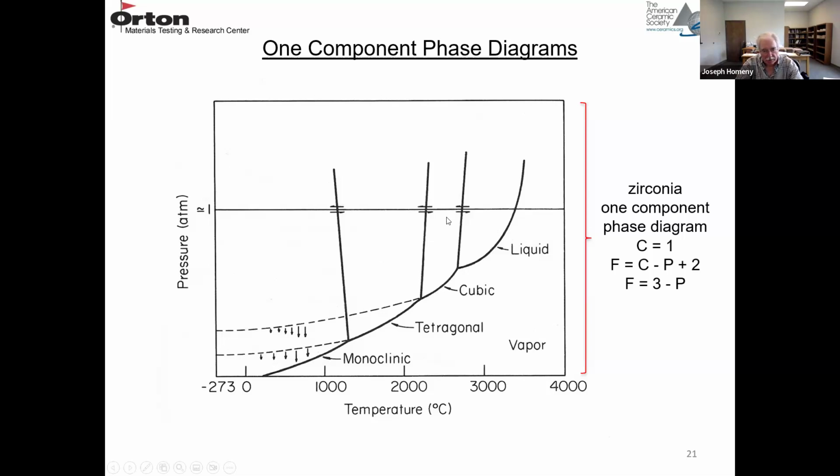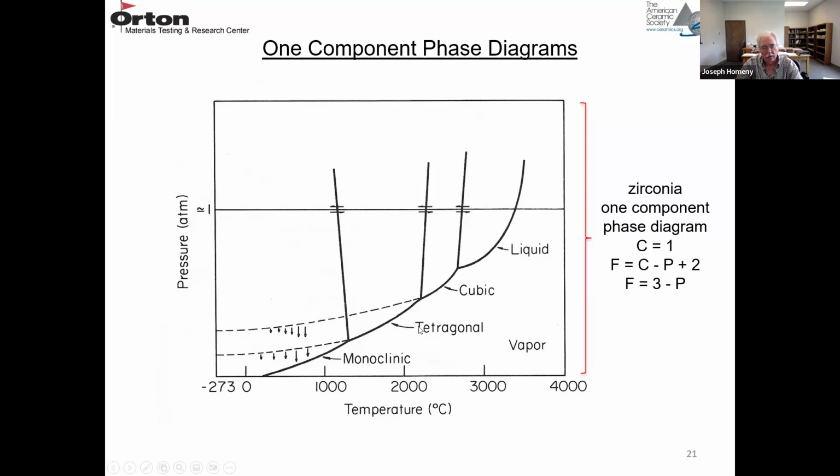So there's a region here where we have cubic zirconia, another region tetragonal zirconia, and a third region where we have monoclinic zirconia. So 3 different crystal structures, and then a region here where we have a liquid, and the vapor phase in the bottom right-hand corner here.